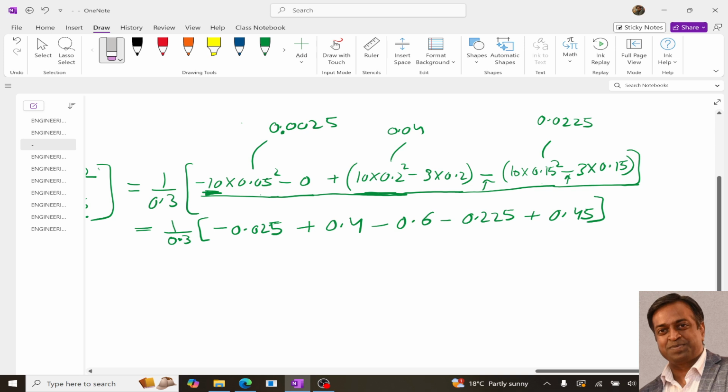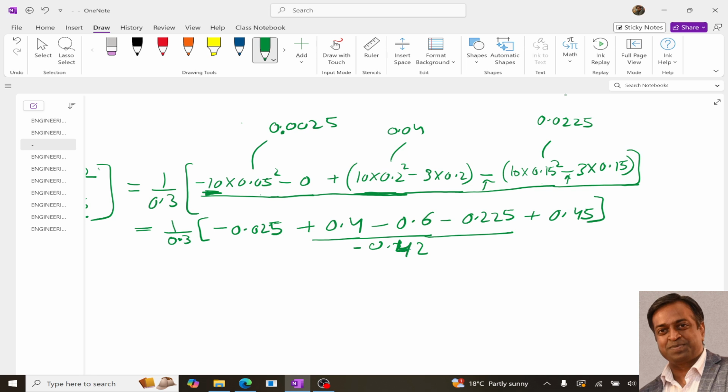So over here, now solving this, you will get 0.4 minus 0.6, so minus 0.2. Now minus 0.2, minus 0.2 and this minus 0.2, so this will become minus 0.425. Now minus 0.425 plus this 0.45, so we will get 0.025.